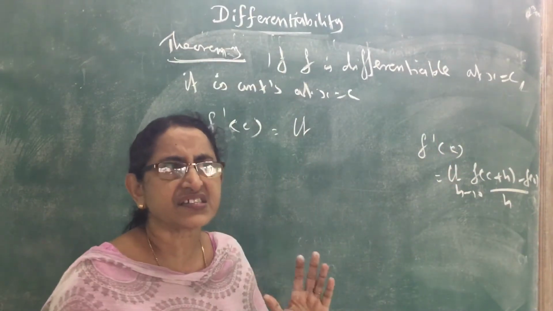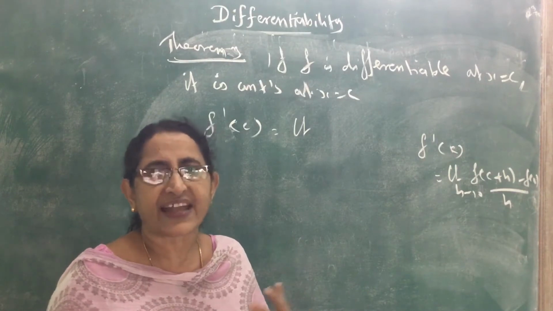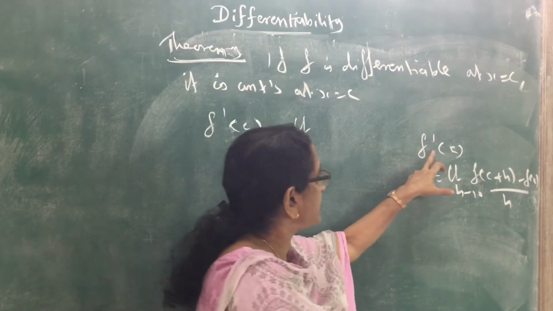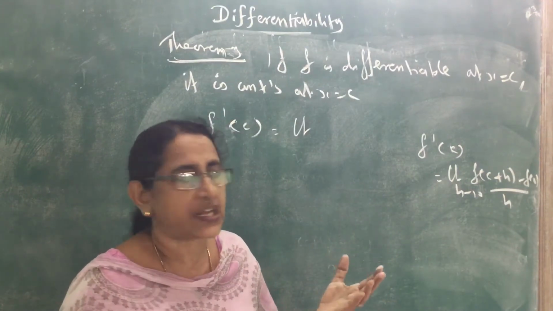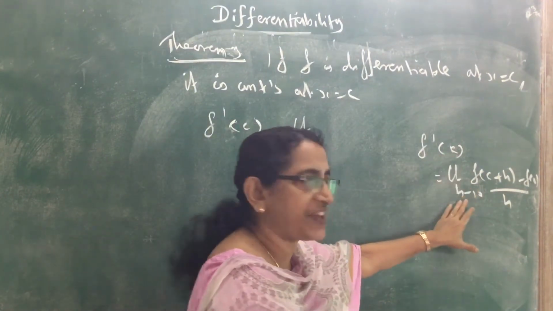So if a function is differentiable, the derivative exists at that point. f'(c) is the derivative of f(x) at x equal to c.